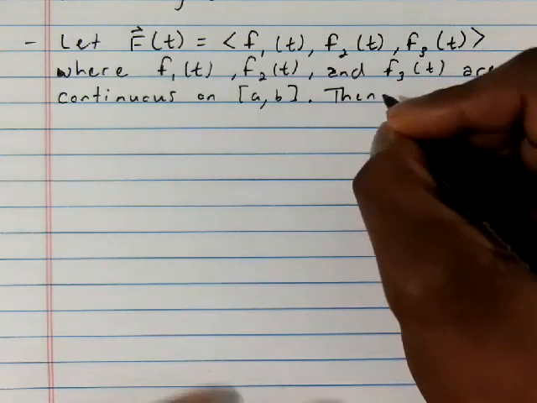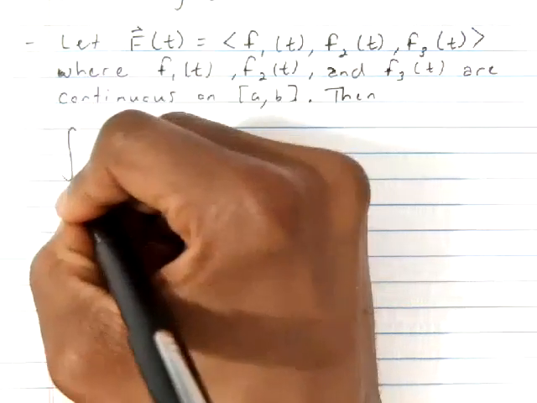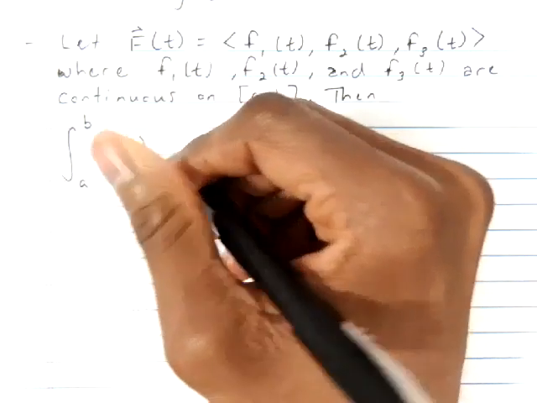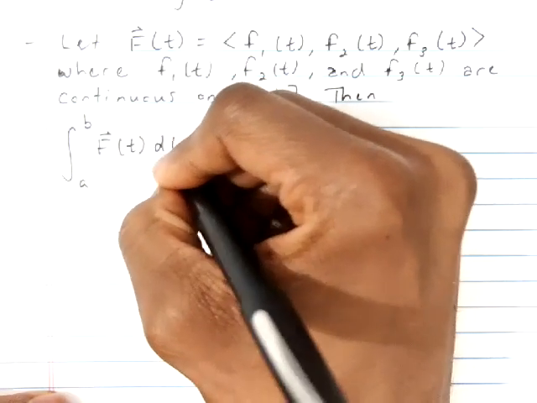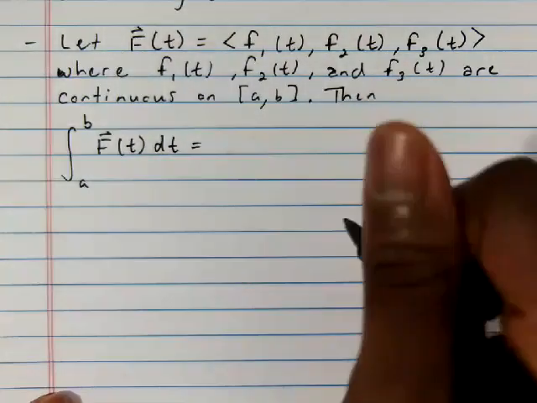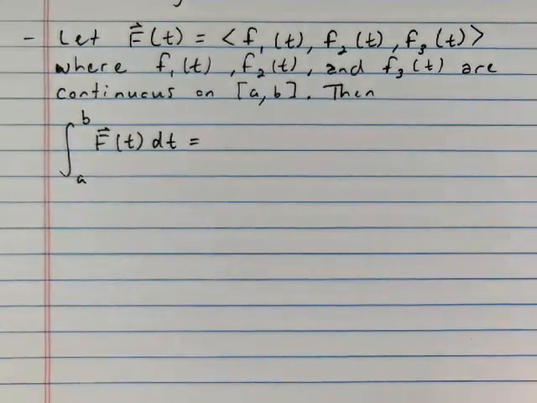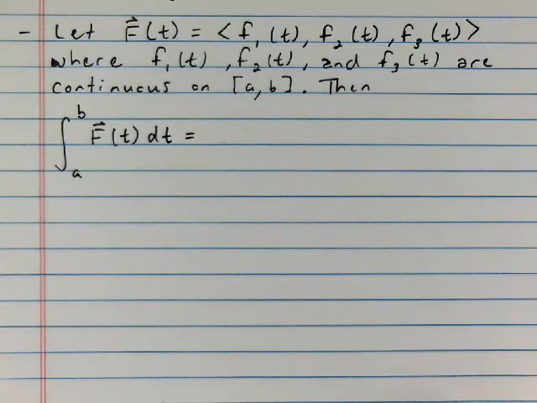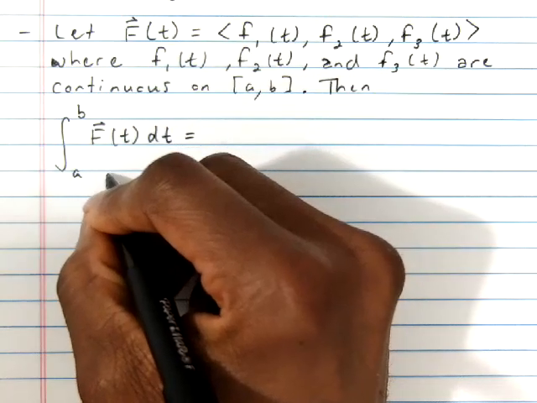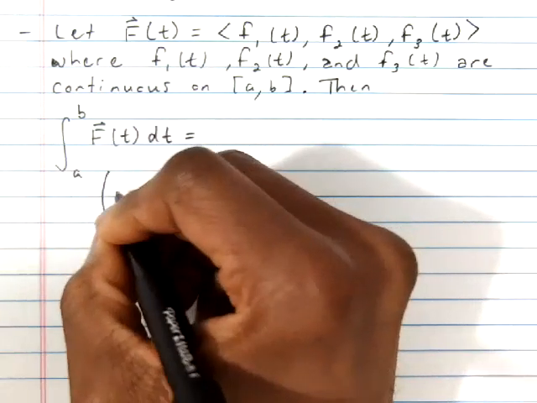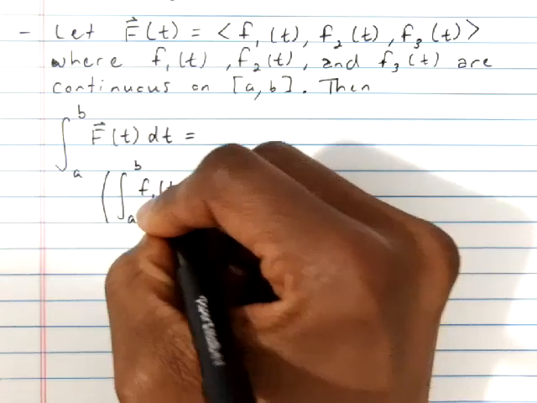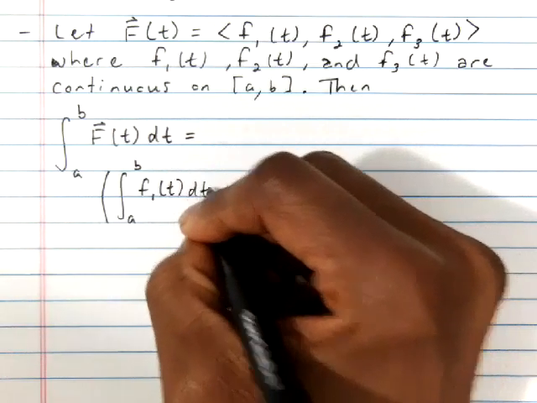So then the integral from a to b of the vector function f of t with respect to t equals, I'm going to go to the next line because I don't think I can squeeze this on this page. The integral from a to b of f1 of t with respect to t.